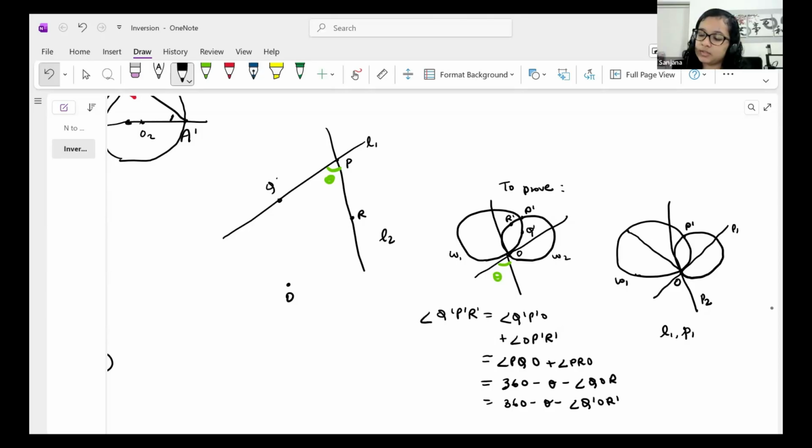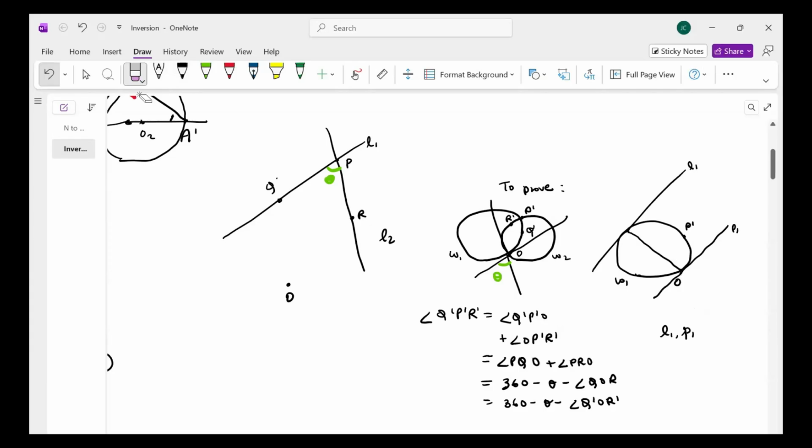Okay, so we're defining P1 as the line through O which is parallel to L1. So L1 is somewhere here, and P2 we are defining similarly. And we're just claiming that these are the tangents. So actually, we just need one of them.